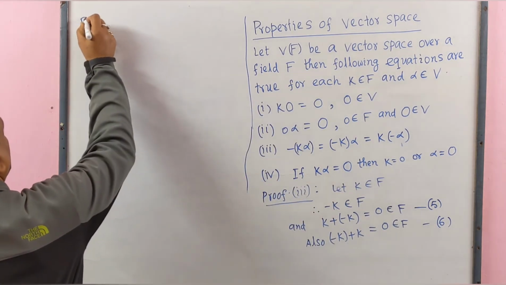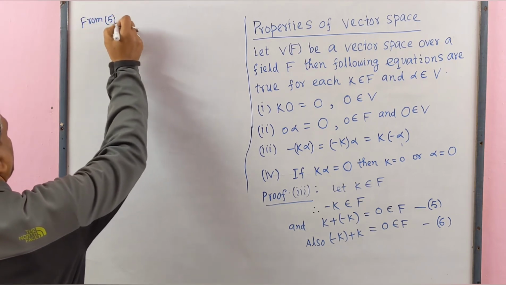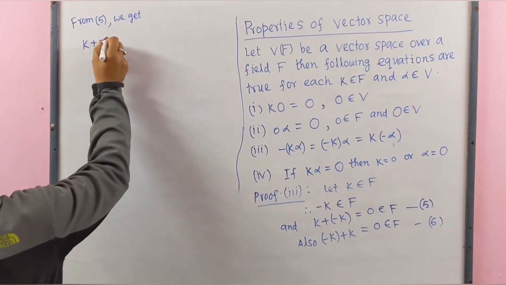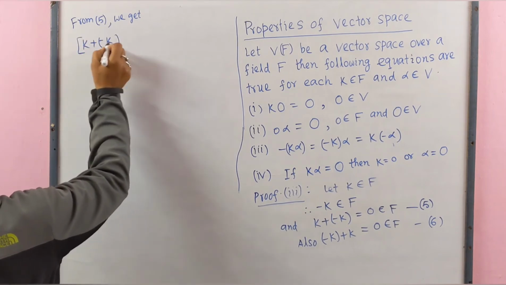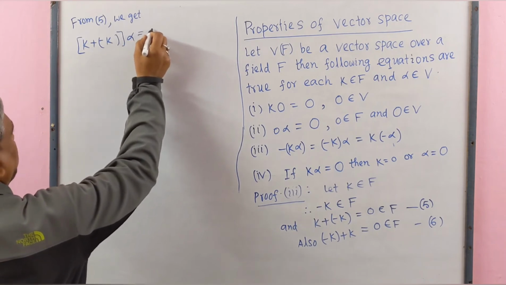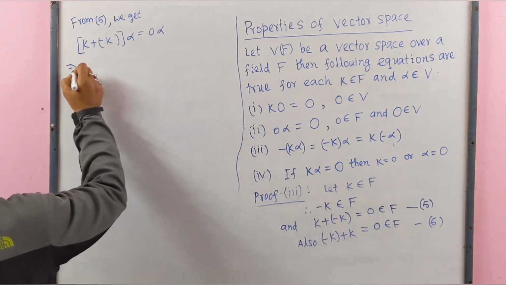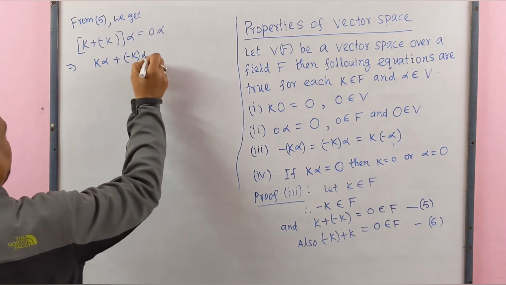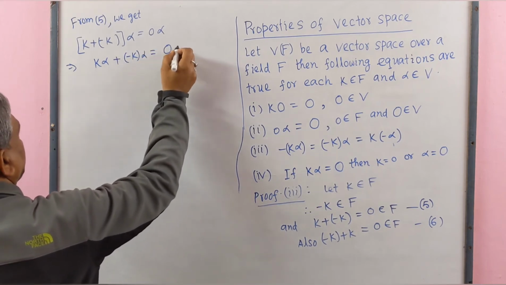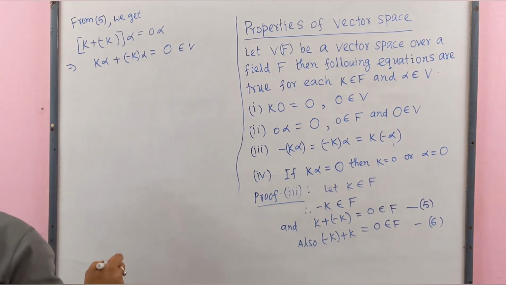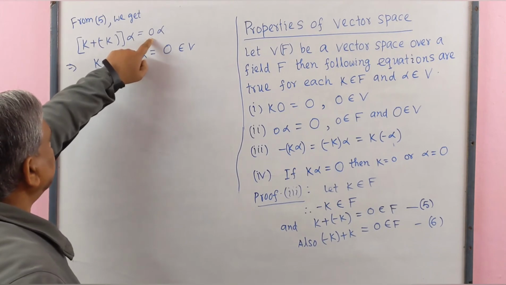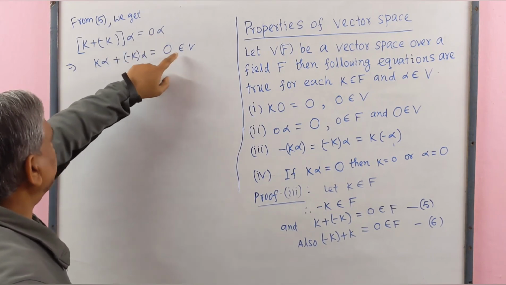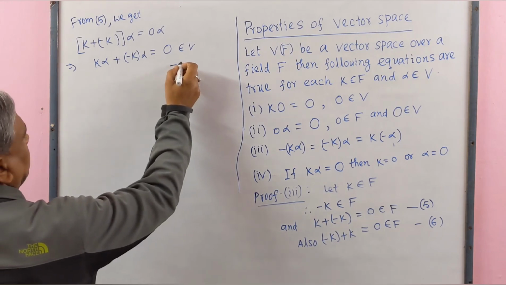From 5, we get (k plus minus k) alpha equals 0 alpha, which implies that k alpha plus (minus k) alpha equals 0 vector, since we know that if this is the 0 of the field and alpha belongs to V, then 0 alpha equals 0 vector. This is number 7.